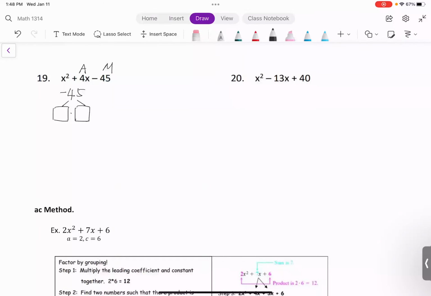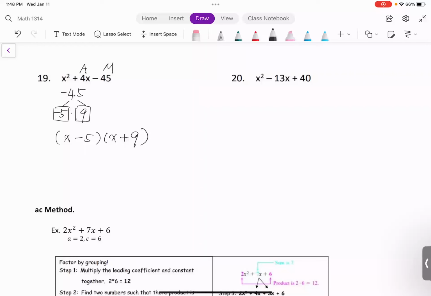I don't know which one is negative. Let's see. I know that 5 times 9 can make 45, and the addition of them is positive 4. So 5 is negative, 9 is positive. The sum is positive 4. Rewrite them into x minus 5 times x plus 9.